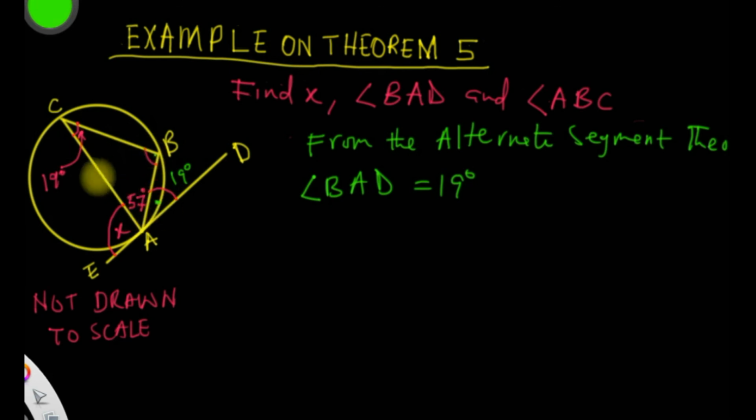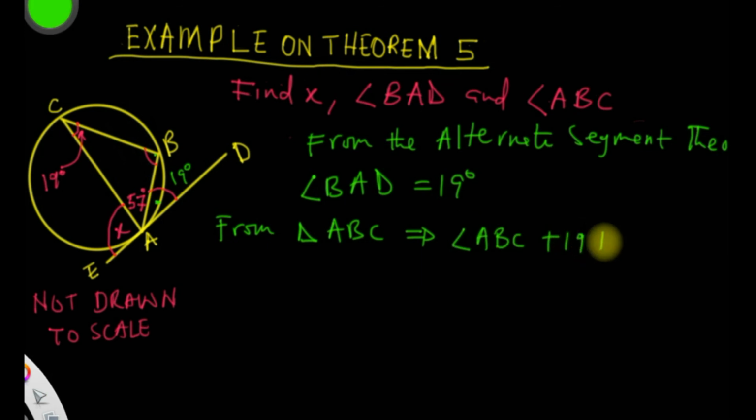So we know this side is 19 and this side is 57, and this one we don't know. So this is a triangle. Using the triangle ABC, the angles in the triangle add up to 180. It implies that angle ABC plus 19 plus 57 is equal to 180 degrees.